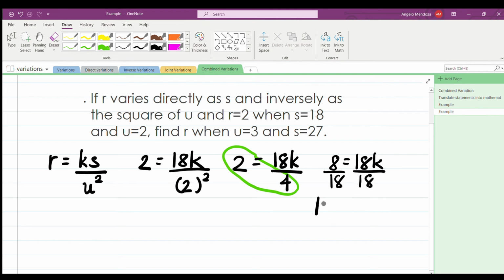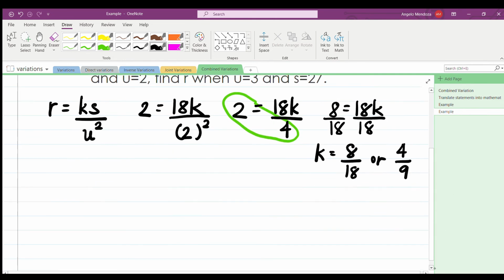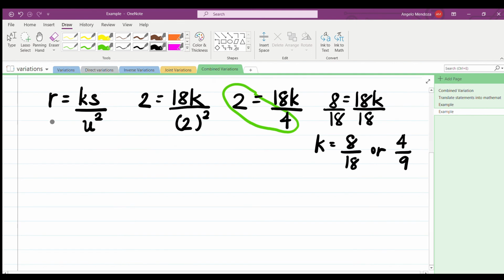So our K here will be 8 over 18, or in lowest terms, 4 over 9. So our equation will be R is equal to 4 over 9 times S over U squared. So that is our equation.